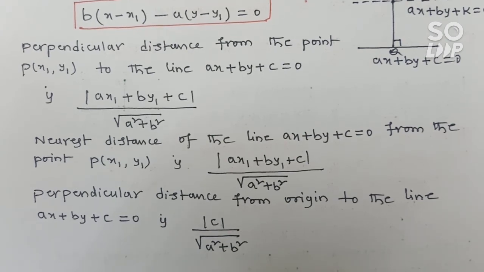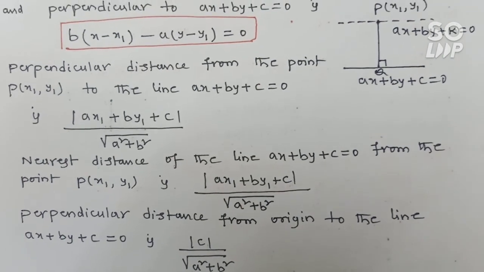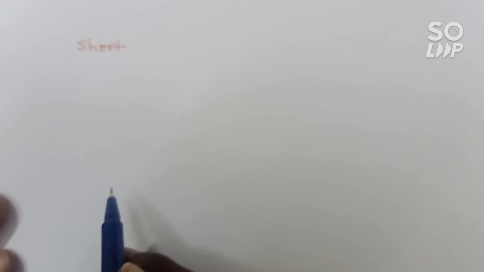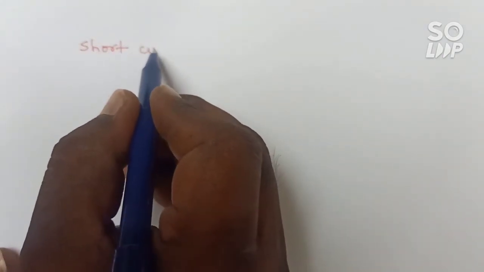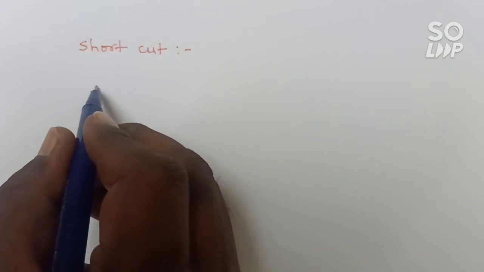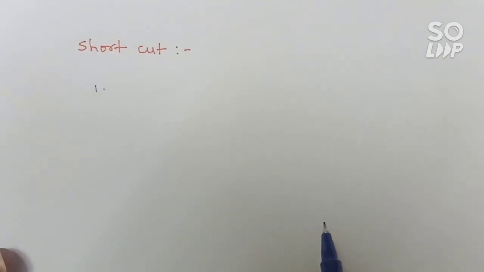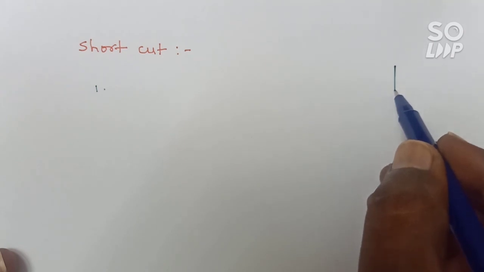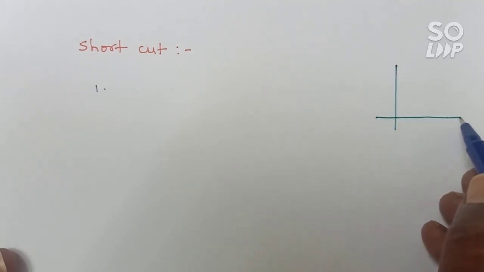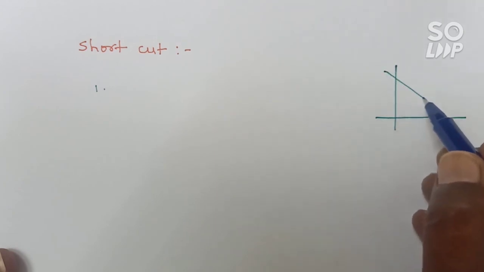Now, one shortcut formula related to this one. Now we will see that. See, one shortcut formula is related to the perpendicular distance. Suppose we take a line in the intercept form.